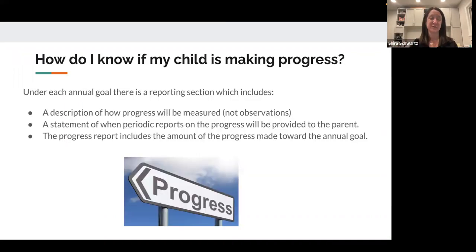How do you know if your student is making progress? You can ask for communication reports as often as you need. In today's meeting, when the tracking of the 504 was put into place, we talked about how that's going to be tracked.